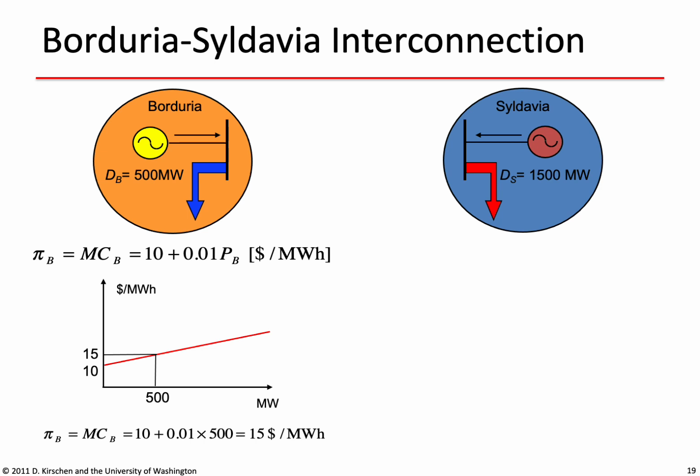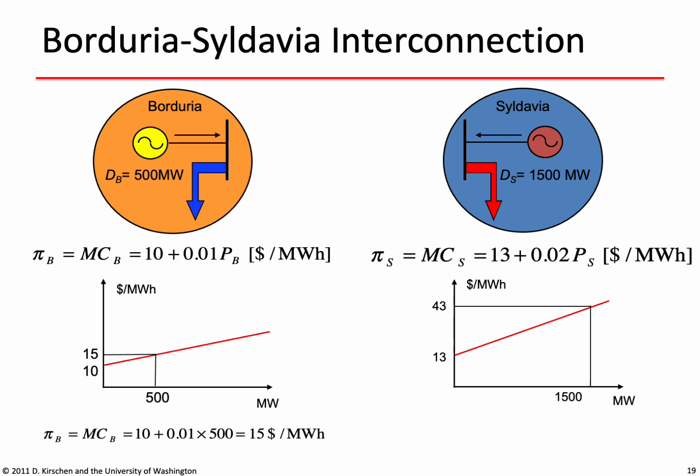We can do the same thing for Syldavia with the same assumption. The price in Syldavia is equal to the marginal cost of production in Syldavia, and studies have shown it's 13 plus 0.02 times the production in Syldavia. And if the demand in Syldavia is 1500 megawatts and is met strictly by generators in Syldavia, we have PS is 1500 and the price in Syldavia is $43 per megawatt hour.